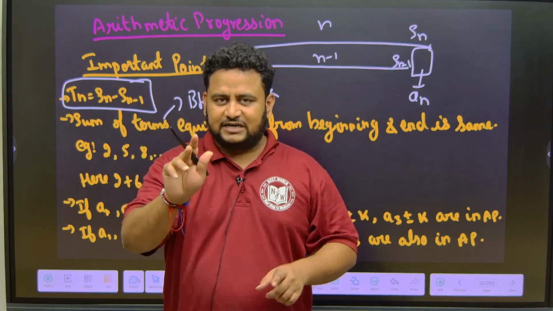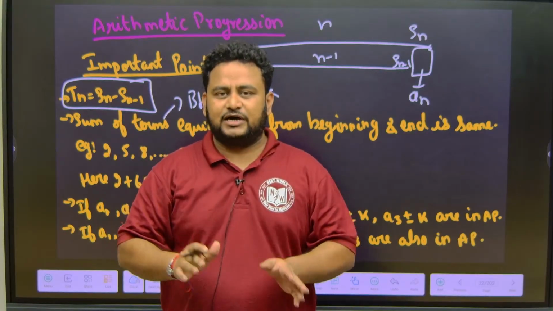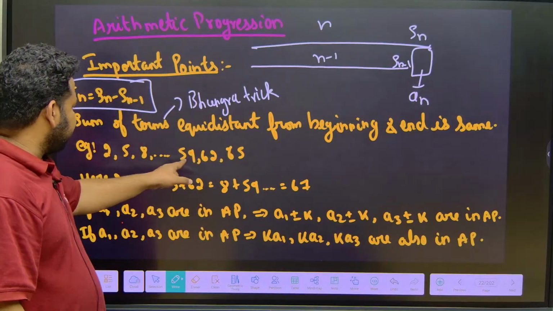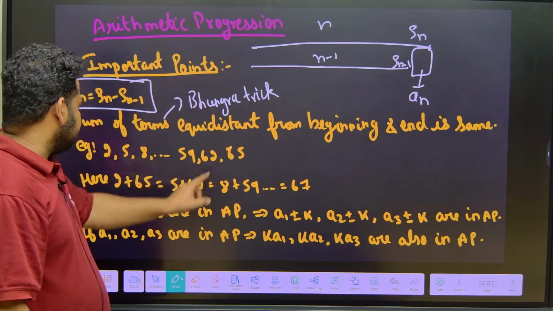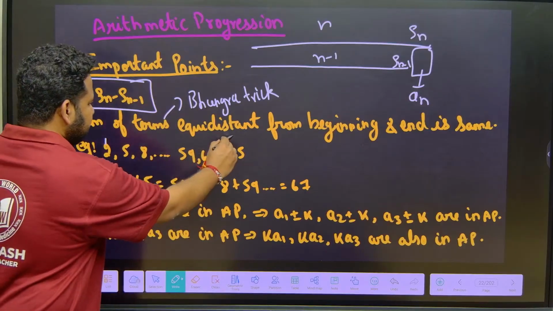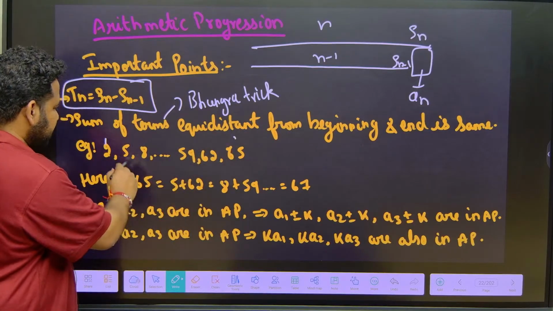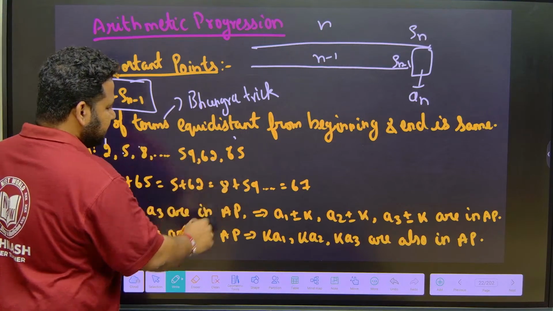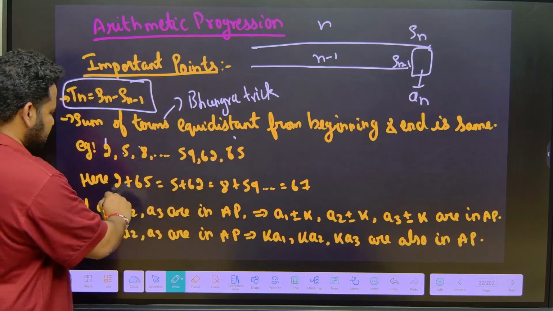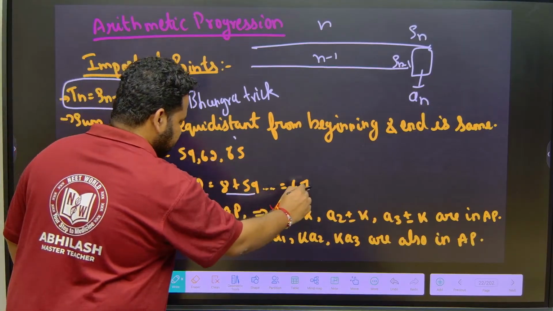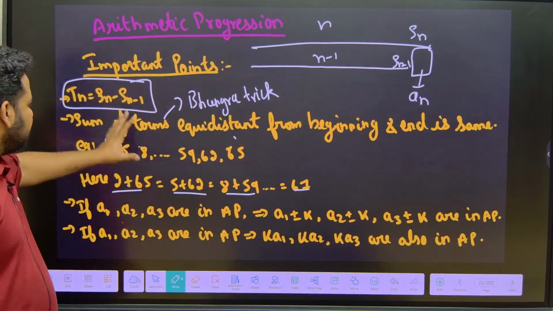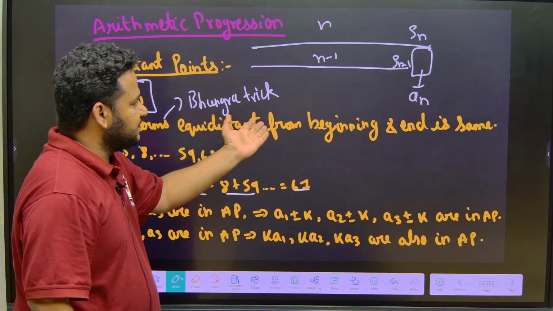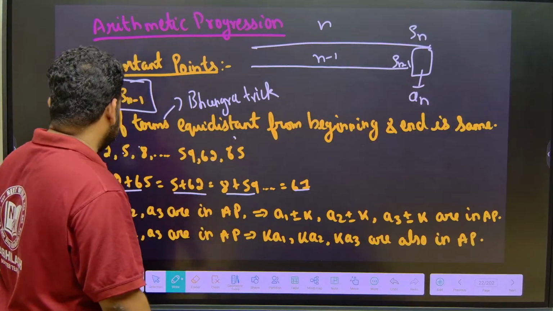You can see here: 2, 5, 8, ..., 59, 62, 65. The first term and last term, 2 plus 65, the second term and second last term, and the third term and third last term are all equal to 67. This is the meaning of the sum of the terms equidistant from the beginning and the end being the same.